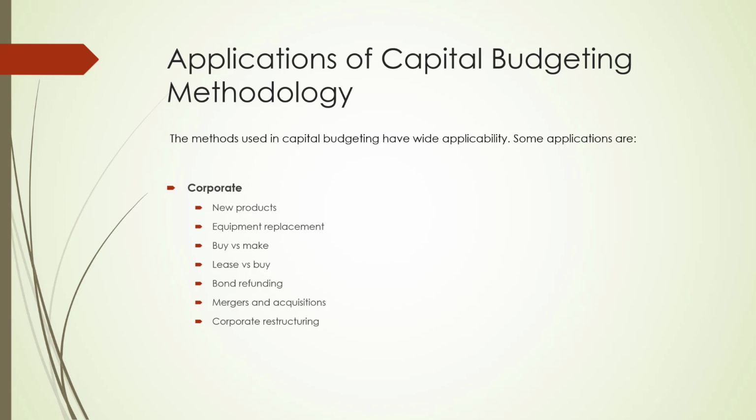We may look at, should we lease our headquarters building or should we buy it? Bond refinancing is another area. Does it make sense to issue new bonds to pay off old bonds? We use these techniques in mergers. Should we acquire another company? Does that make sense? And also corporate restructuring.